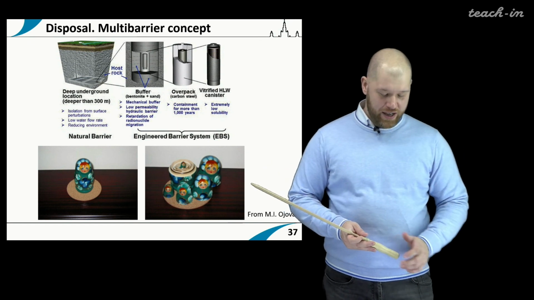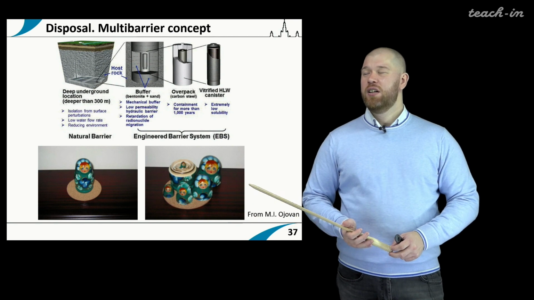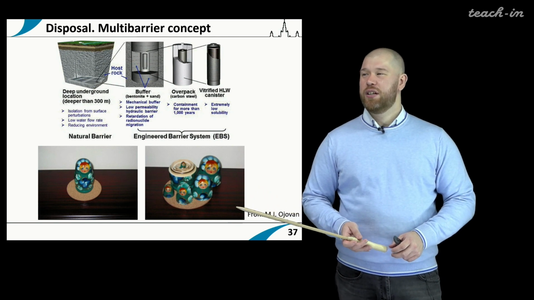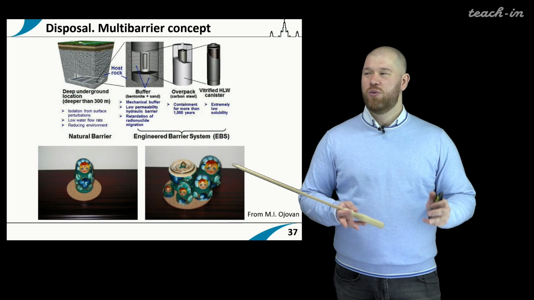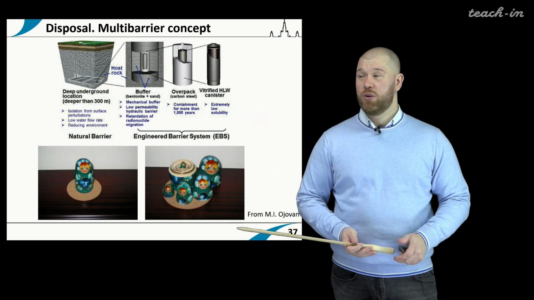So whether it is the open nuclear fuel cycle or the closed nuclear fuel cycle, in all of these nuclear fuel cycles, the main idea for the final disposal is the multi-barrier concept.